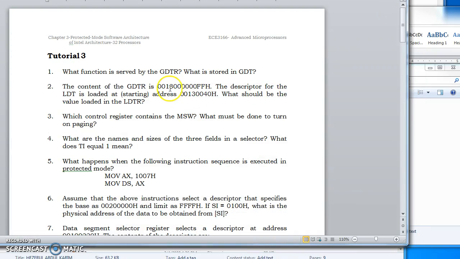Number 2. Given the content of the GDTR as the following: 0013000000FF, the descriptor for the LDT is loaded at starting address 00130040H. What should be the value loaded in the LDTR?